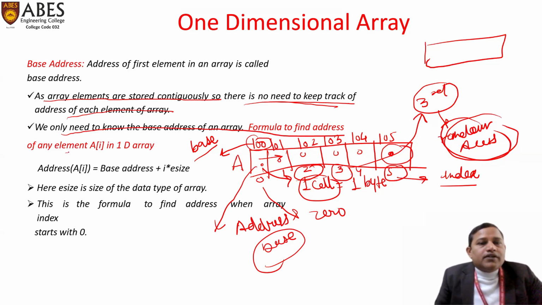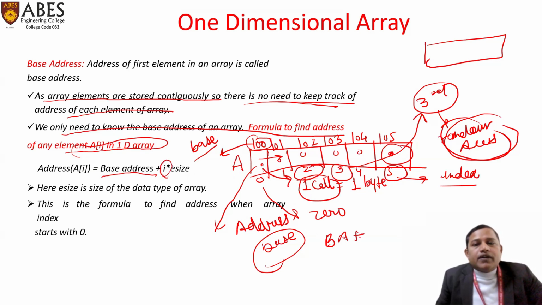So to find the address of any element in a one-dimensional array, we have a formula. We have the base address, then we have the index I, the index where the element is stored, and E, the size of a particular cell.